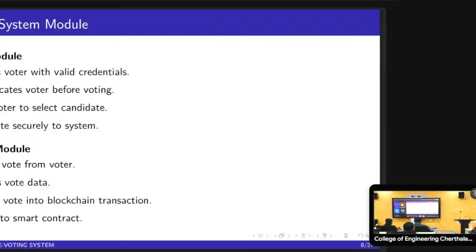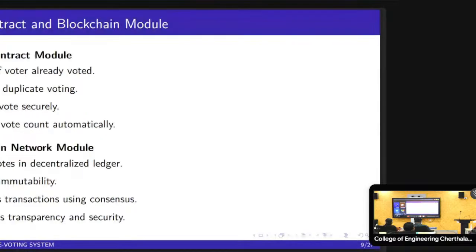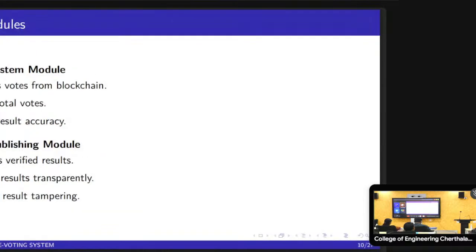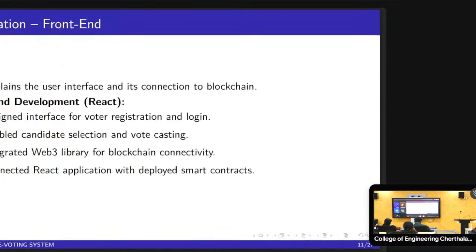Third, the smart contract module checks whether the voter has already voted, records the votes, and updates the count automatically. Fourth is the blockchain network module, which stores the vote permanently using a decentralized ledger. And the fifth and sixth are the result modules, where the votes are retrieved and verified results are published.